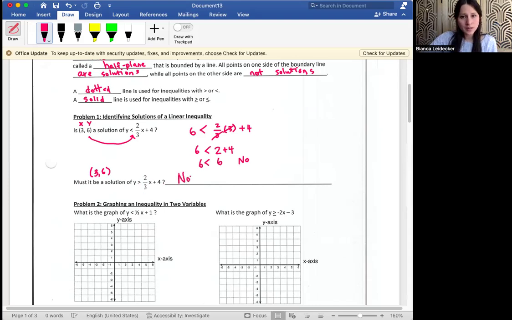No, because anytime you have an untrue statement here, that means your x and y are not valid solutions for this inequality, because 6 equals 6. It's not greater than or less than.